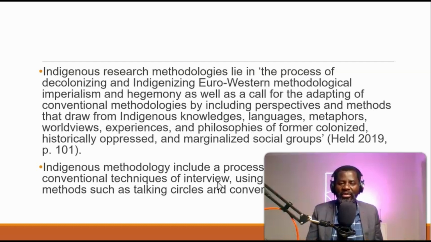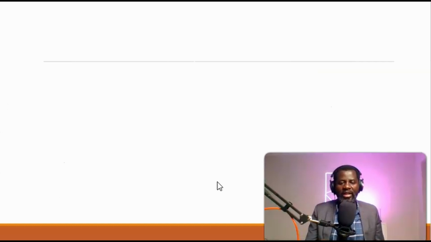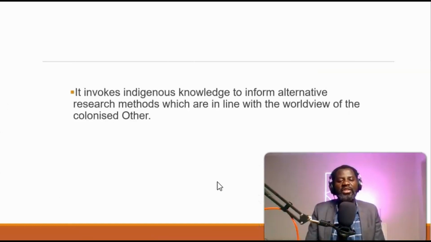So using such methods that suit the way Africans live their lives will be more important in the process of decolonizing research methodologies in Africa. It invokes indigenous knowledge to inform alternative research methods which are in line with the worldview of the colonized other. So using alternative research methods is important when we think about African indigenous research methods, because they provide an alternative to the Western methods which have been imposed on African people.